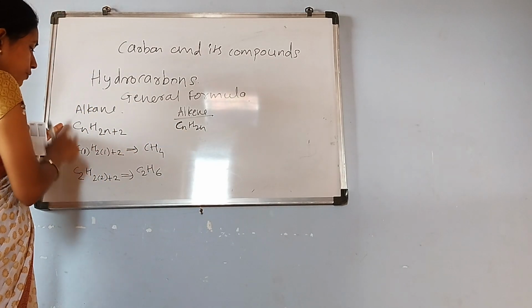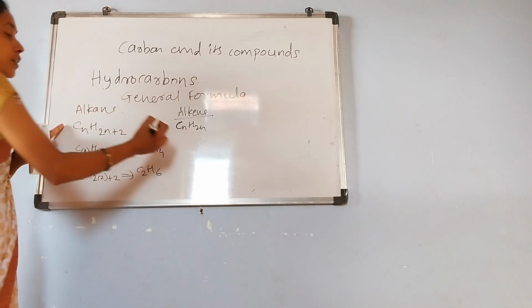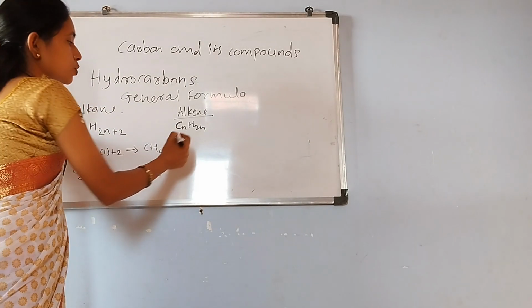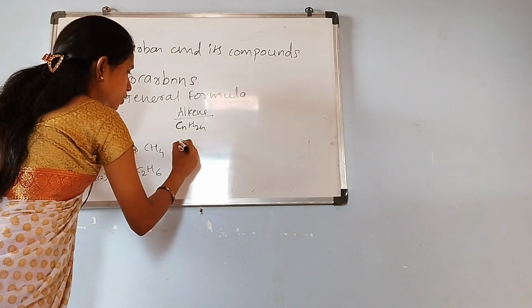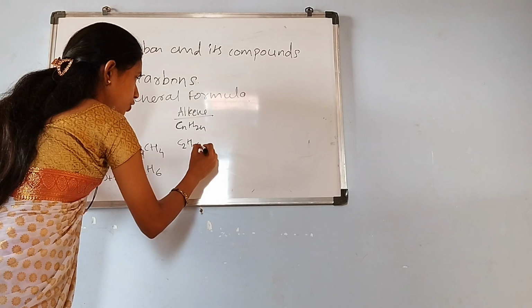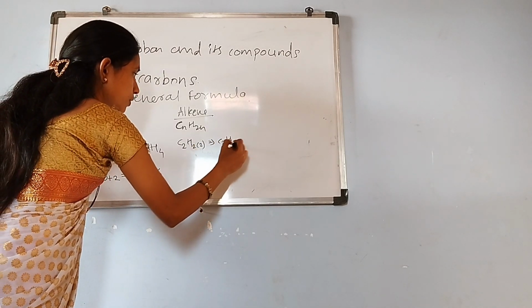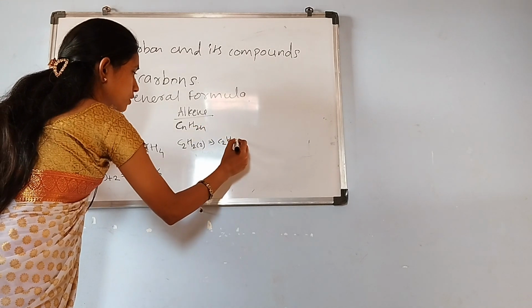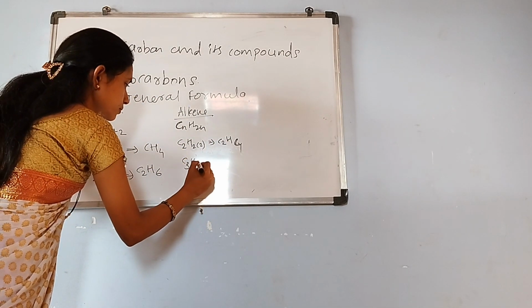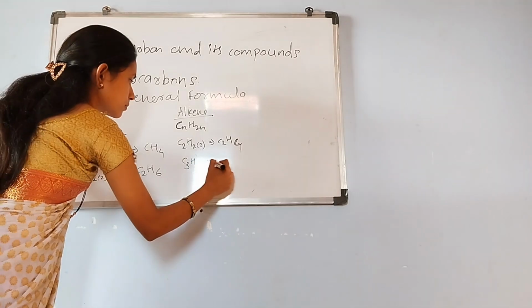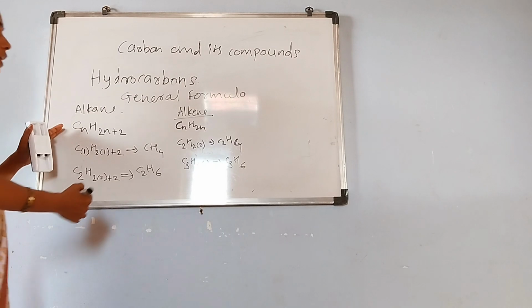With only one carbon we cannot represent a double bond, so we take two carbon atoms. So C2H2n is C2H4, then C3H6, like that.